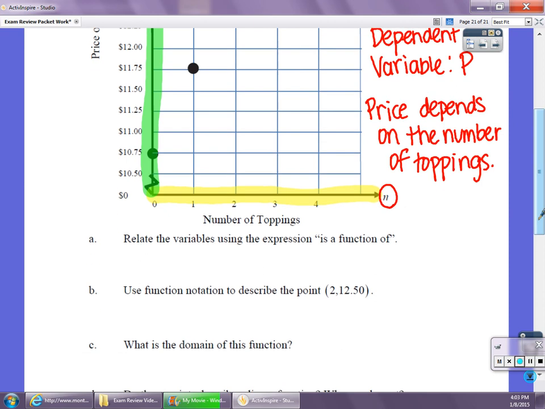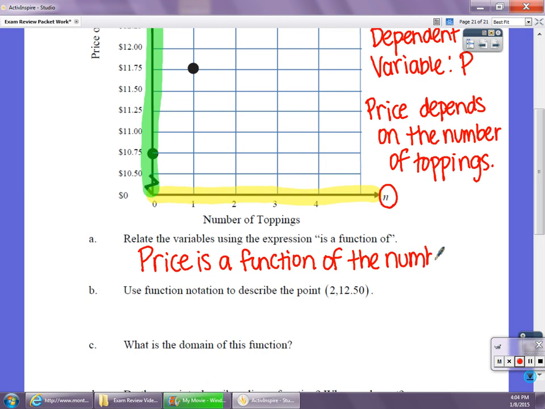So we're going to use the sentence, the price depends on the number of toppings, for part A. But instead of "depends on," we're going to put "is a function of." So the price is a function of the number of toppings. We have to input a number of toppings in order to decide the output, or the price of the pizza. Makes sense.